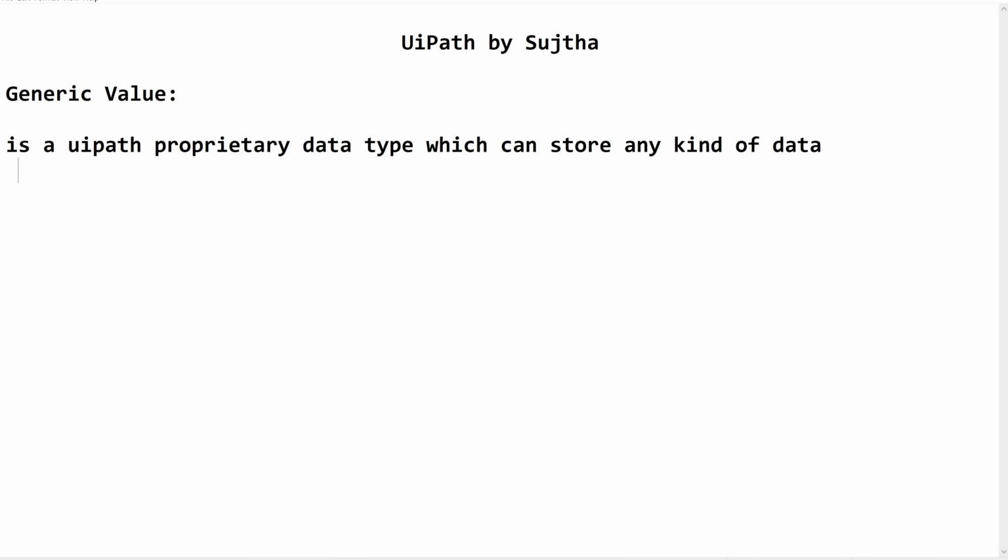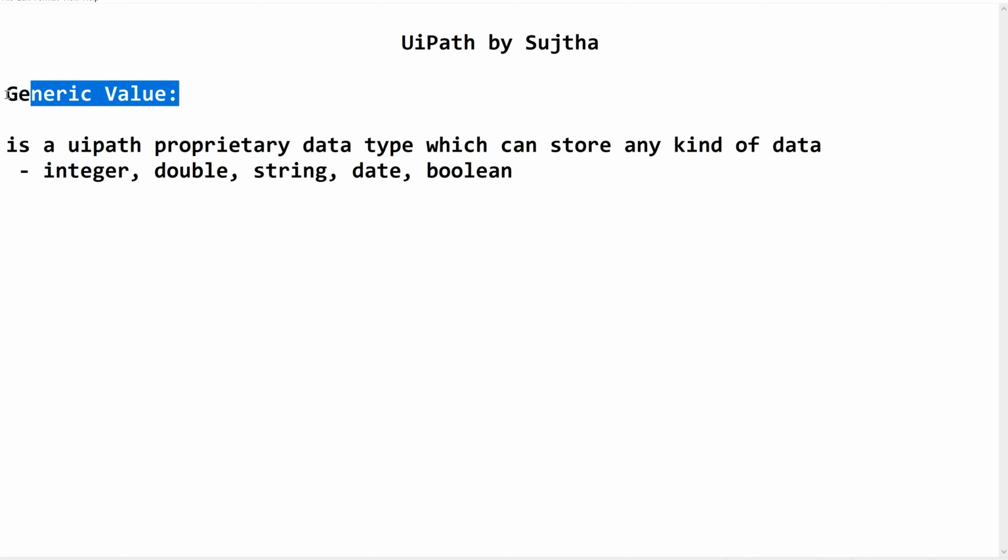For example, integer, double, string, date, or boolean. Any kind of data can be captured and stored in this particular data type. So it has that much special power.